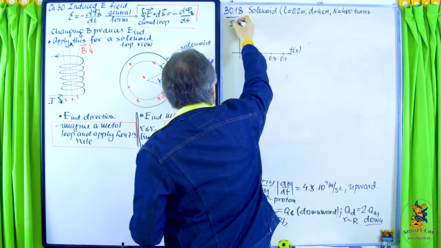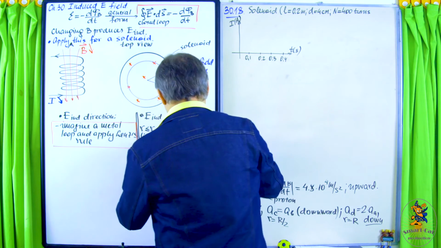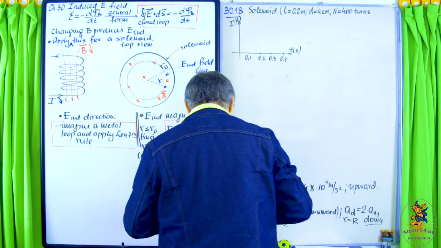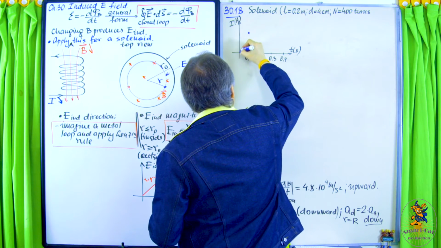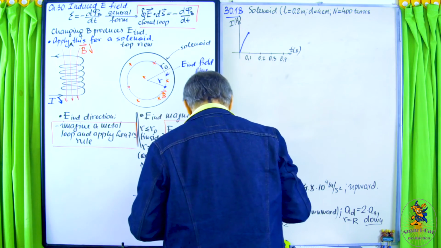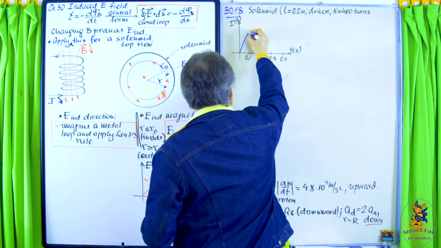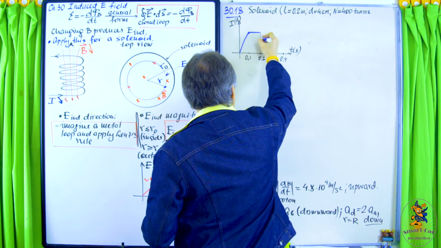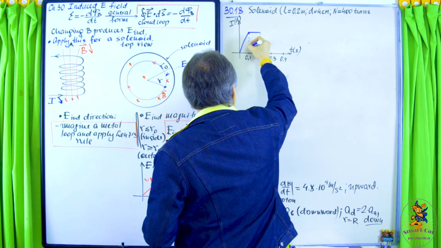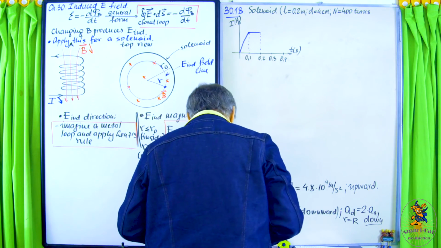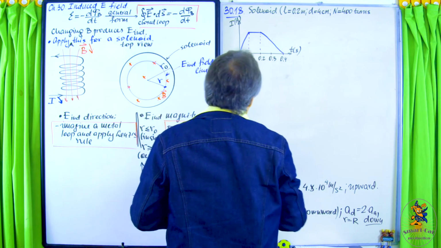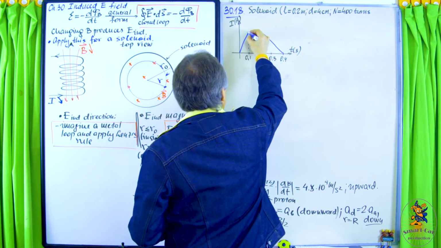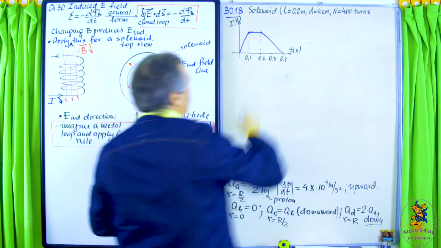And this is current, of course, in amps. And the current changes like this. Up to this point, the current is growing linearly. Then it stays constant up to this point. And then it goes down to 0.4. Okay, not completely straight lines, but okay.